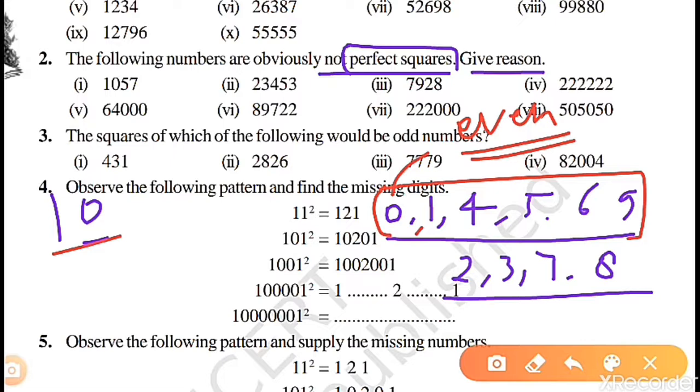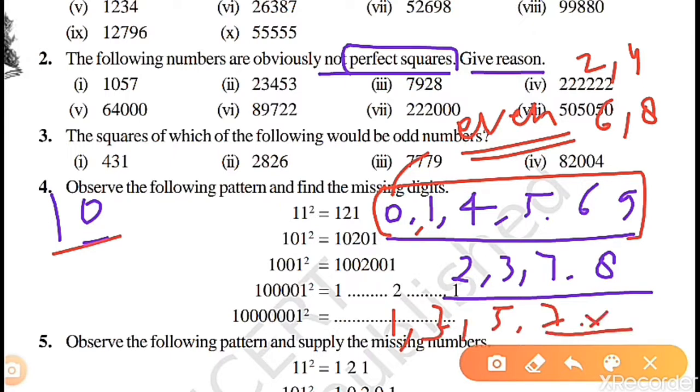If a number is ending with an even number of zeros, for example 2, 4, 6 or 8 zeros, it can be a perfect square. If it is ending with 10, 30, 50 or 70, then it will not be a perfect square. So 10 is not a perfect square, but 100 is a perfect square.